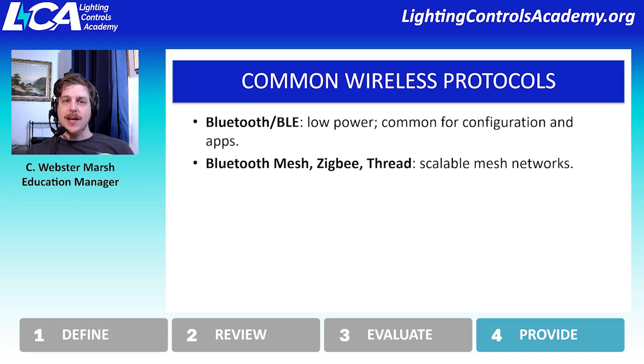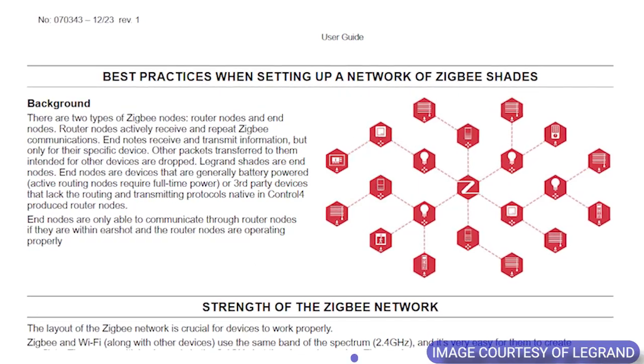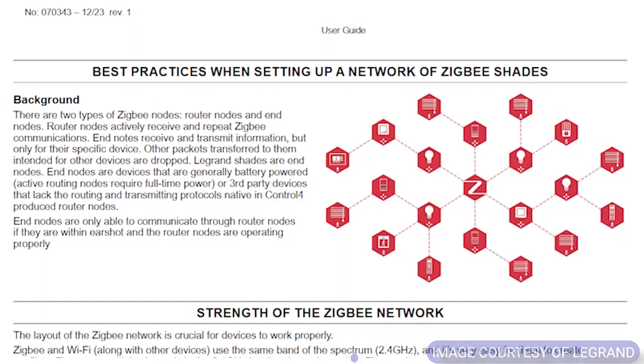Whereas Bluetooth Mesh, Zigbee, or Thread are all very similar communication protocols using a mesh communication capability. In comparison to Bluetooth Low Energy, which is meant for point-to-point communication, Bluetooth Mesh we're going to see more for that networked communication capability, and Zigbee and Thread operate similarly as mesh networks.